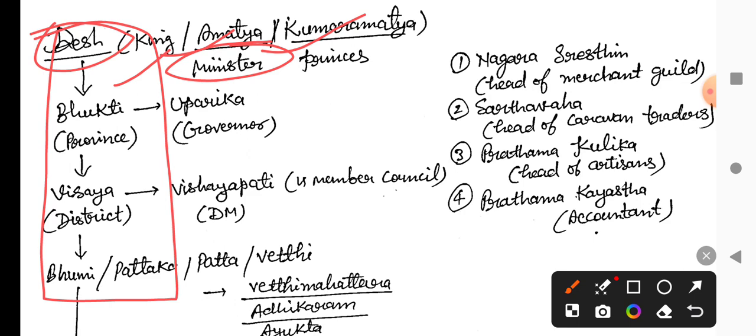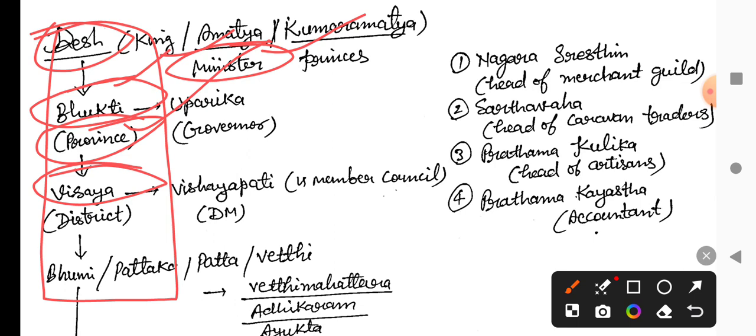Below this it was divided into bhukti, and bhukti is also known as province, and it was controlled by uparik, that means governor. Below bhukti it was divided into districts, like currently a state is divided into districts, like Uttar Pradesh is divided into 75 districts.